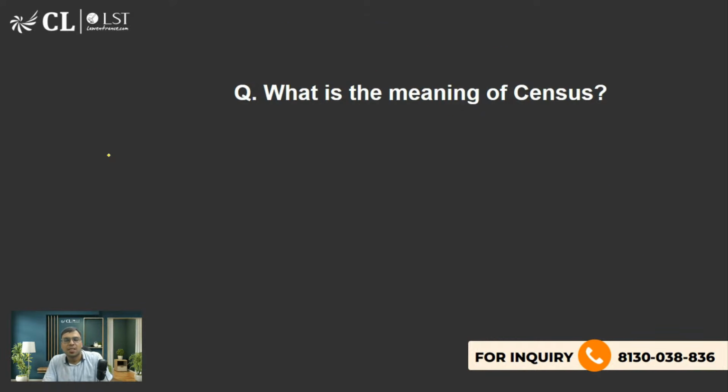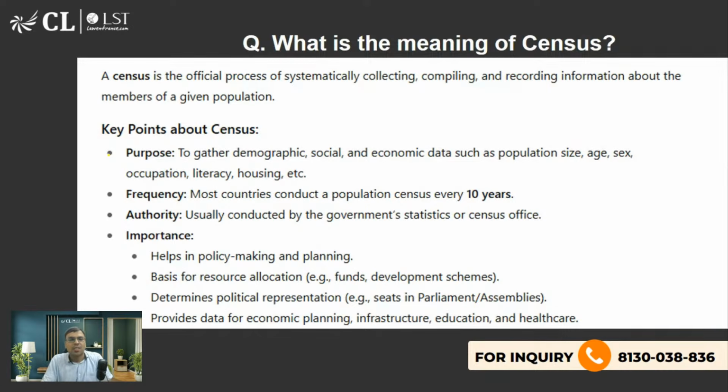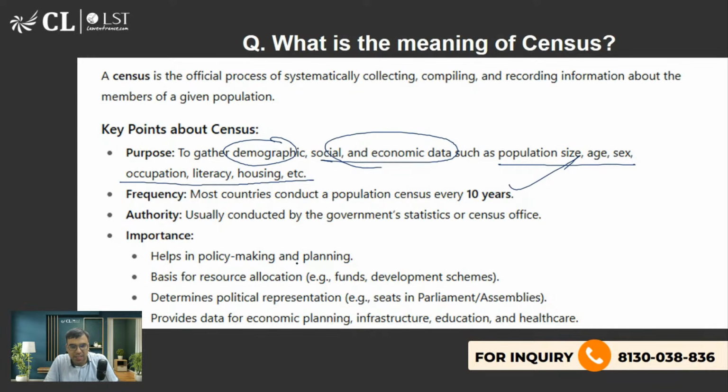Okay, so this is the idea behind census. मेरे घर पर आए हैं. Okay, great. So basically the census is about gathering demographic, social, and economic data such as population size, age, sex, occupation, literacy, housing, and it is generally conducted after 10 years. It is helpful in making policy.